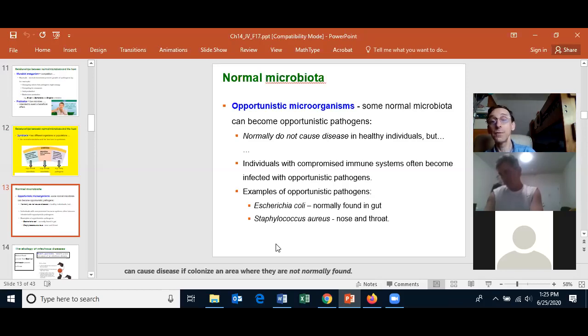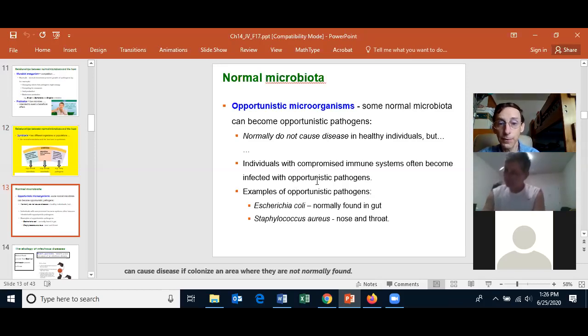Normal microbiota do not normally cause disease, but what happens in an immunocompromised person? Sometimes the normal microbiota can cause disease and become an opportunistic pathogen. And that usually happens because the immune system isn't functioning well, and then the normal microbiota starts growing in regions where they should not normally be, or in areas where they normally are, but they are growing in much greater numbers than they should be.